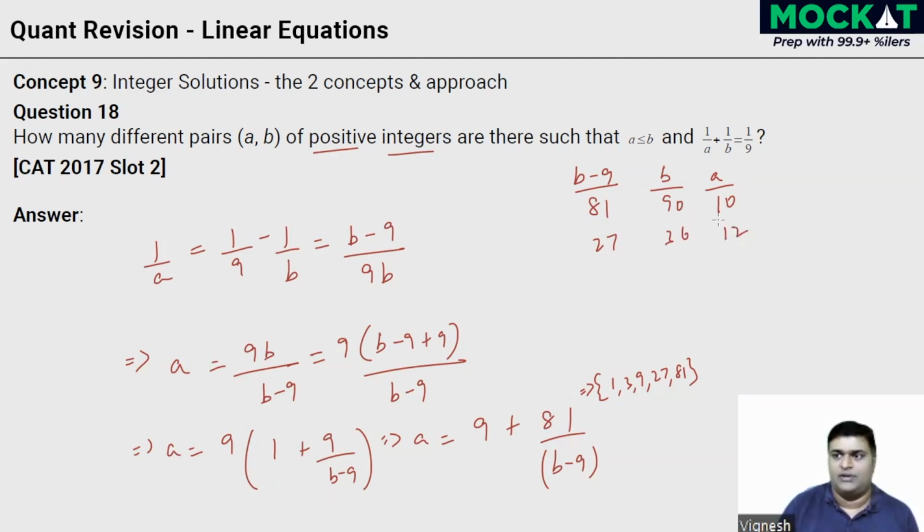And what's happening over here? A is less than or equal to B, which is fine. Both are satisfied. Next possible value, 9. If B minus 9 is 9, then B is 9 plus 9, 18. And if B minus 9 is 9, 81 by 9 is 9, and 9 plus 9 gives me 18 over here. Is this fine? Can A and B be equal?